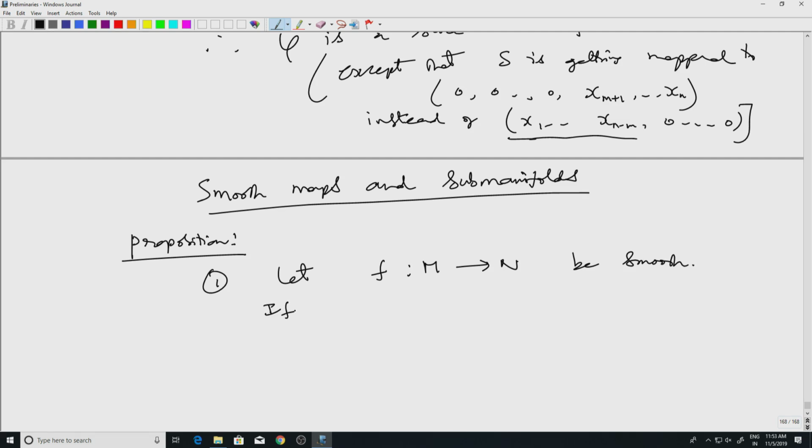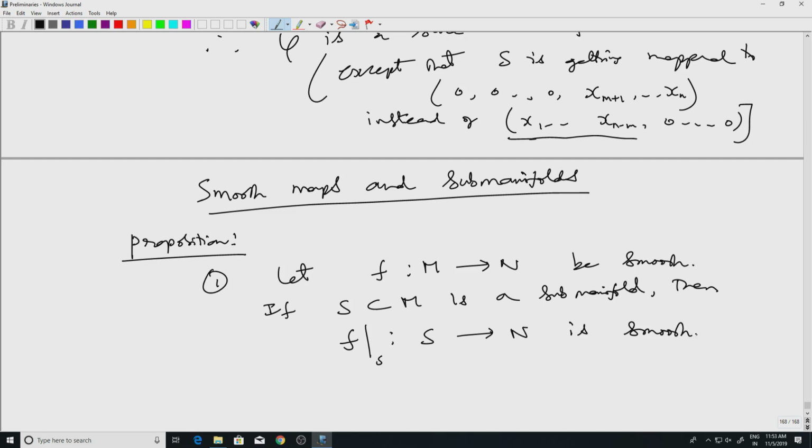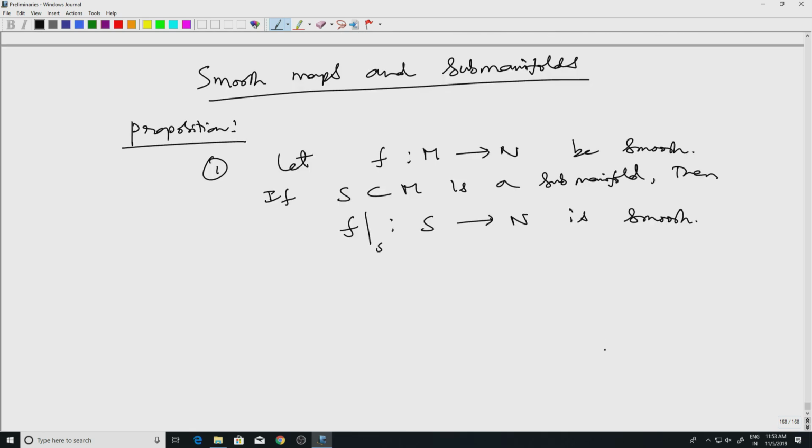If S contained in M is a submanifold, then the restriction of f to S, from S to N, is smooth. So if I have a smooth map on the big manifold, and a submanifold of the domain, and I restrict the smooth map to the submanifold, it will continue to be smooth.